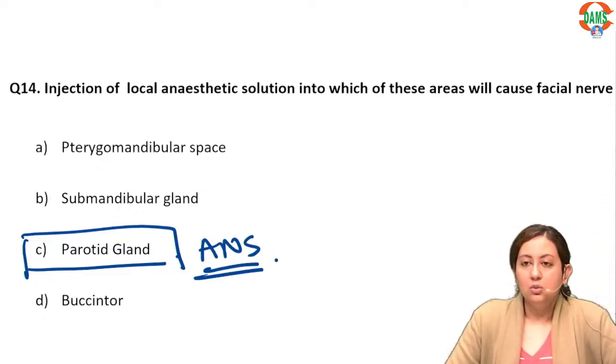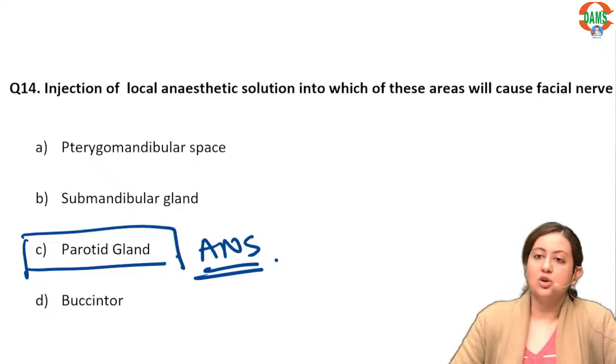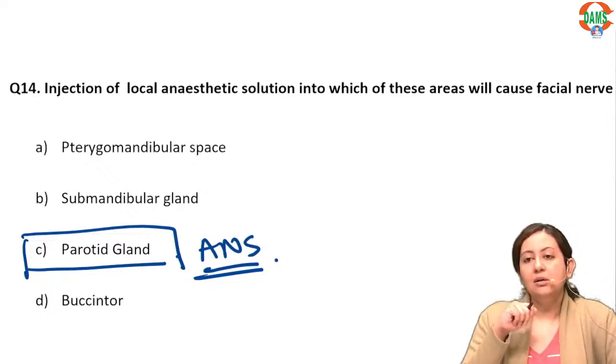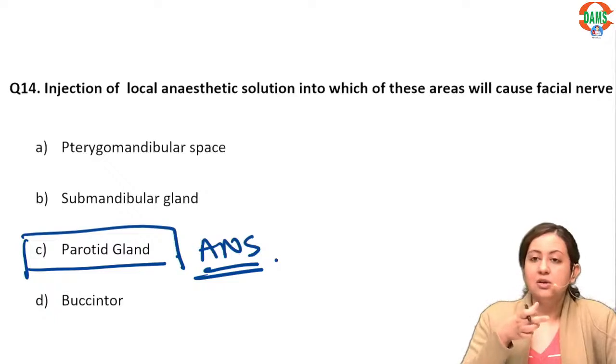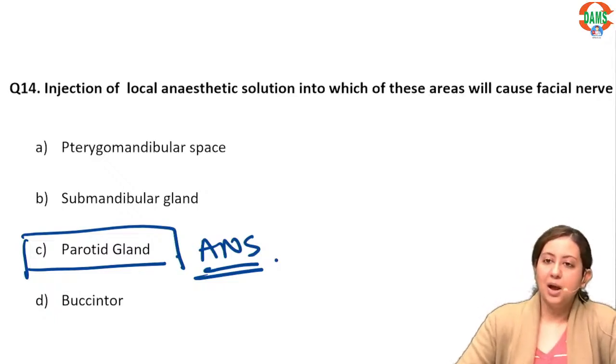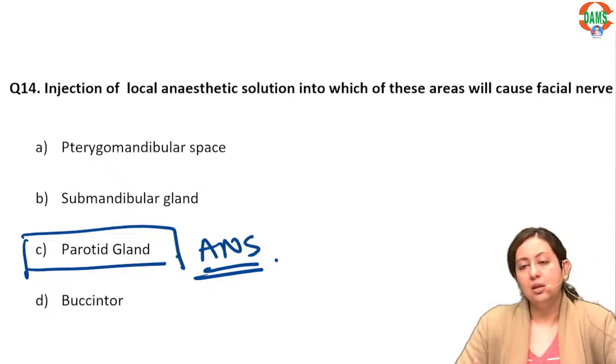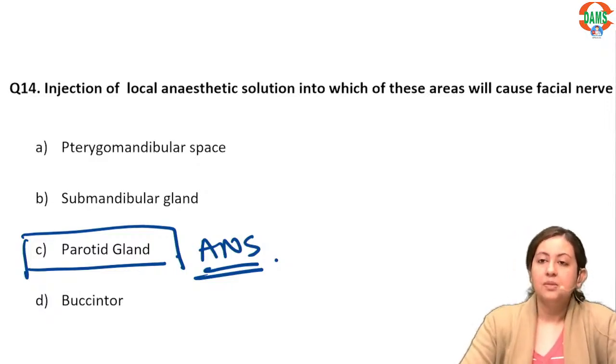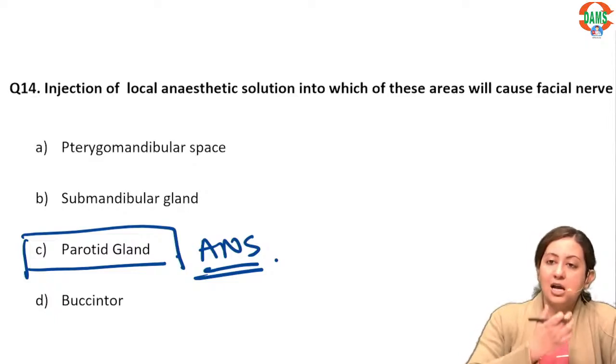Now we all know that when the facial nerve exits from the stylomastoid foramen, it enters the parotid gland. Due to the facial nerve trunk, the parotid gland is divided into a superficial lobe and a deep lobe, and then the facial nerve branches into its 5 terminal branches inside the parotid gland.